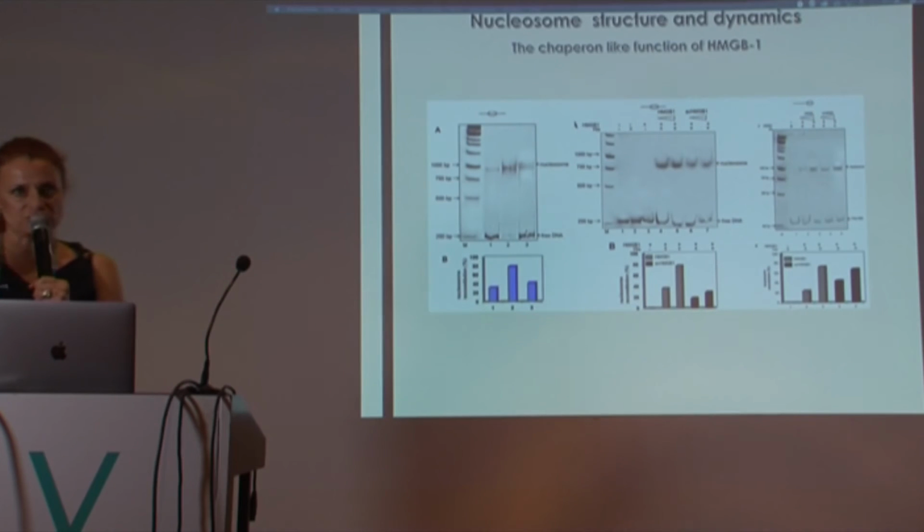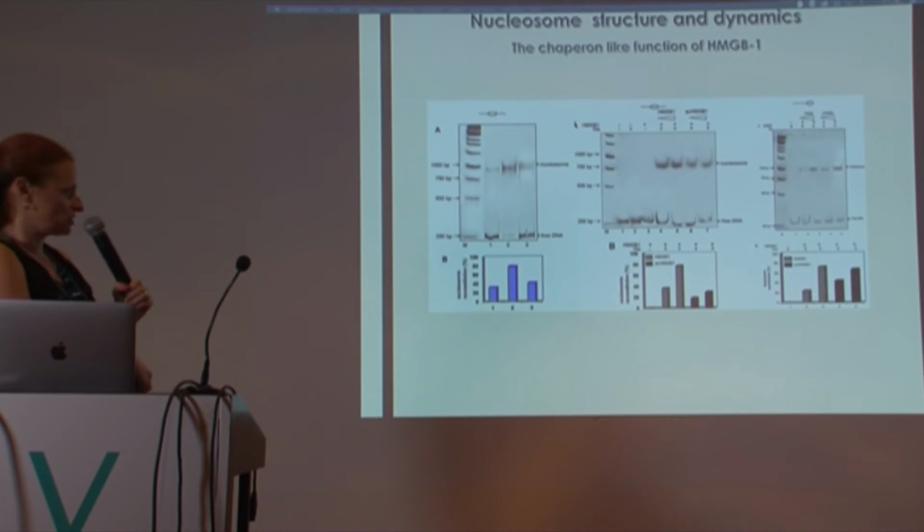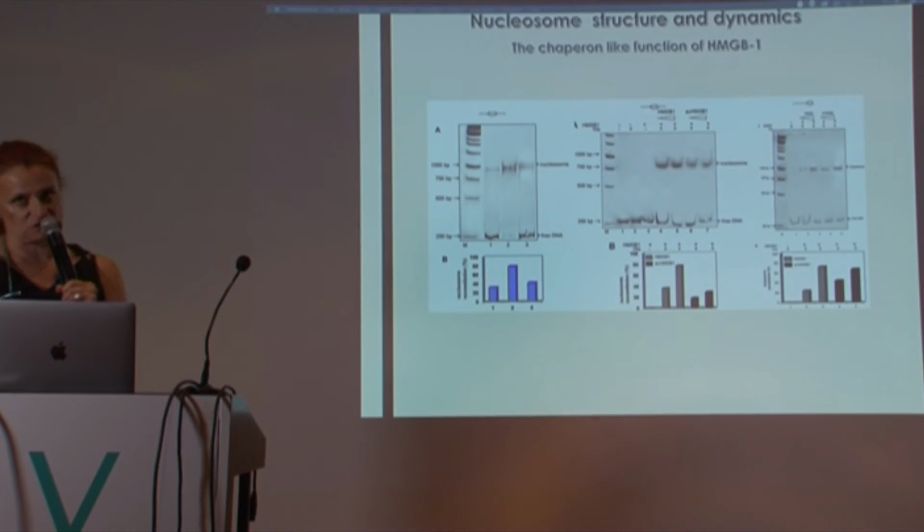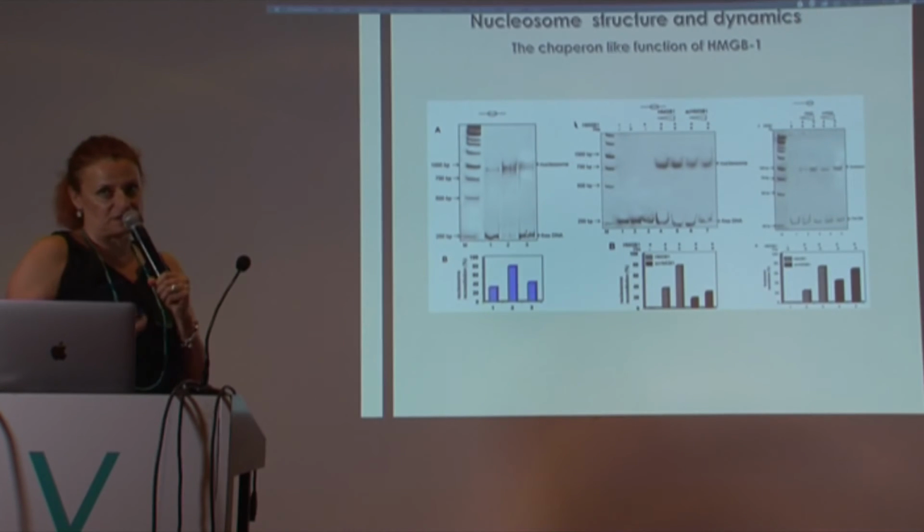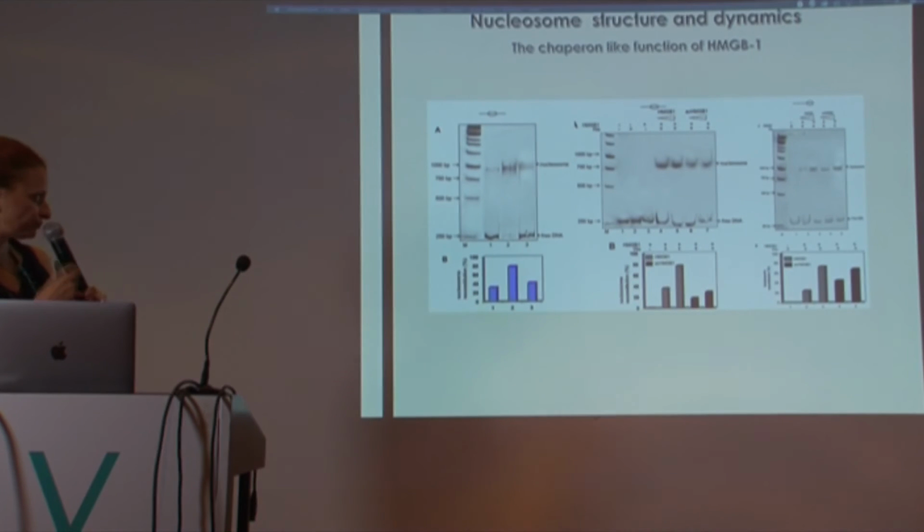HMGB1 by structure is a wonderful candidate to be a chaperone molecule because it has positively charged boxes and negatively charged acidic tails, which are characteristics of chaperone molecules.